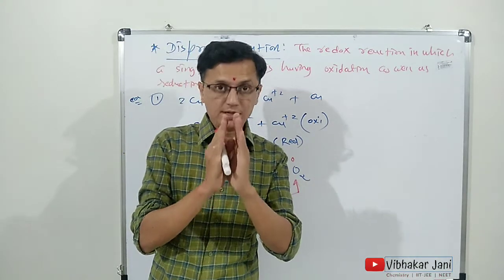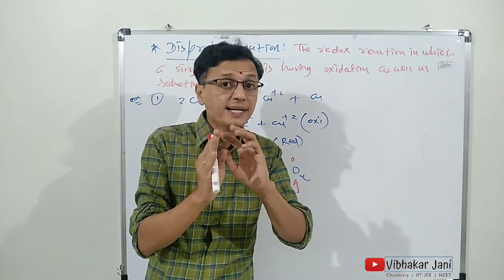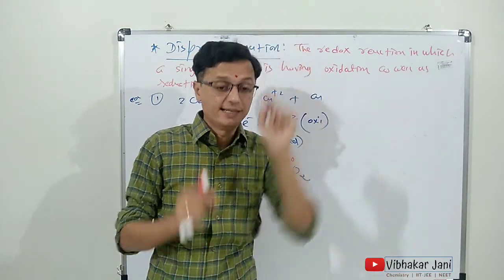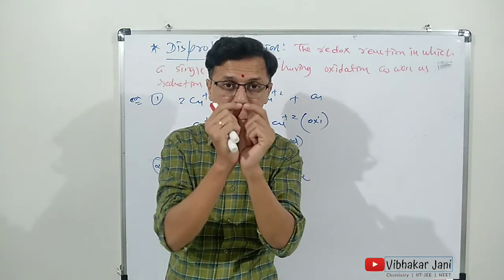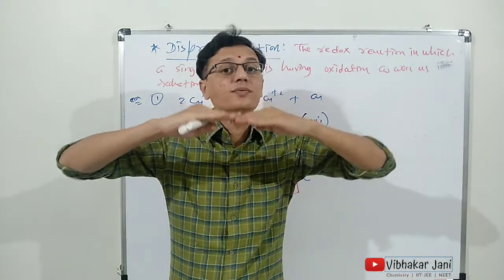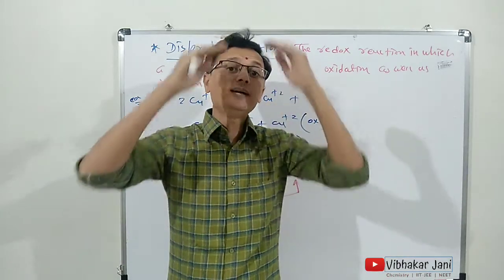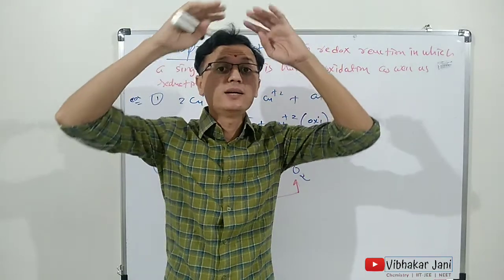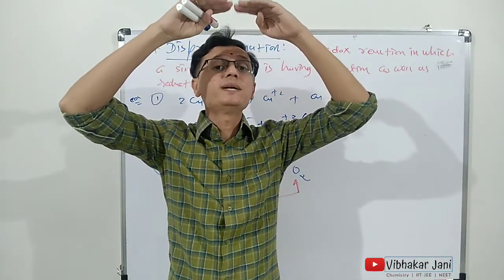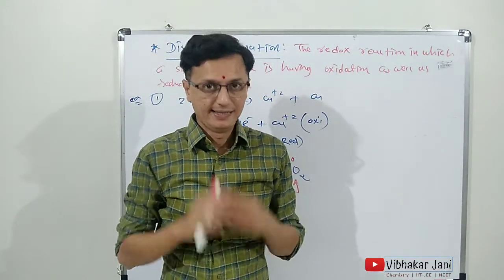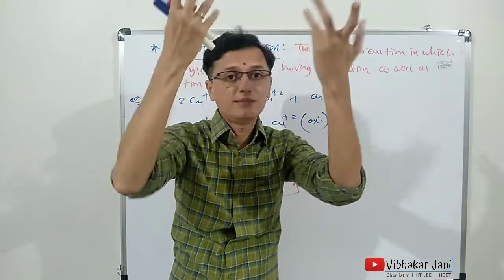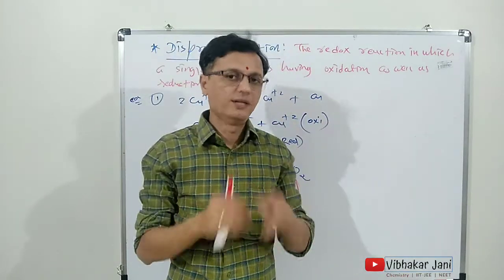That means the oxidation number of that species must increase as well as decrease, and this can happen only when the oxidation state of that species is intermediate. If it is having the highest oxidation state, then it will not be able to go to a higher oxidation state. In that case, oxidation will not occur, only reduction will occur.